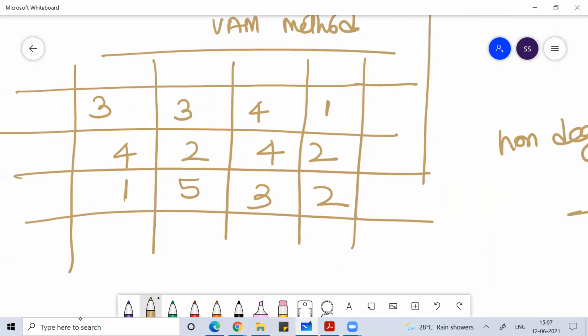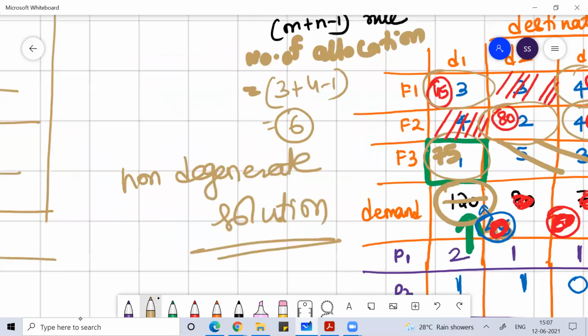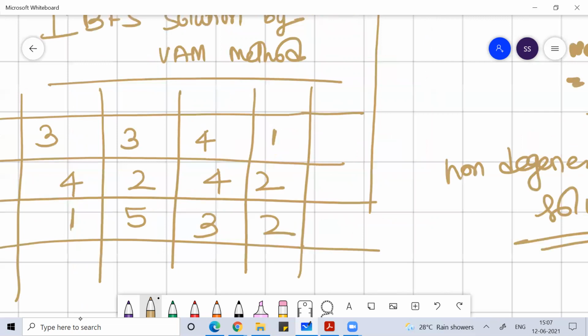And the allocations I did: on 3 I put 45.